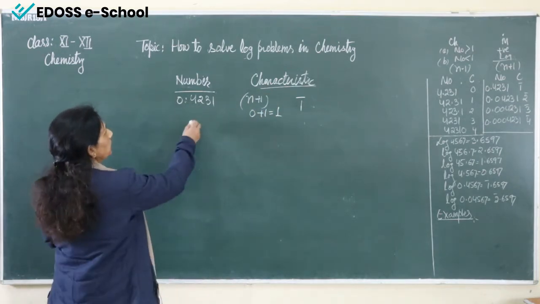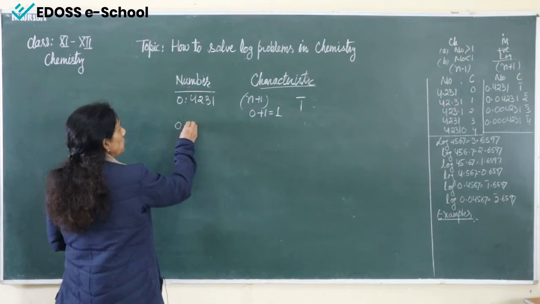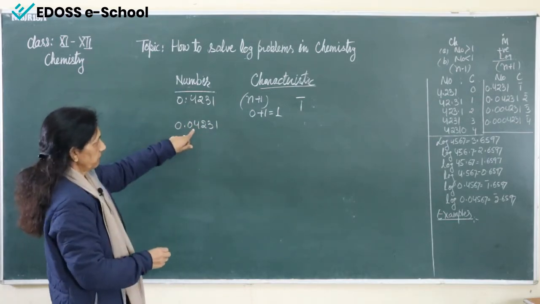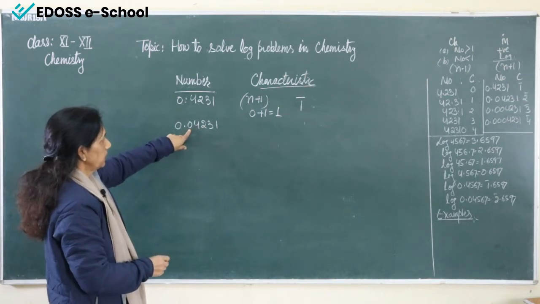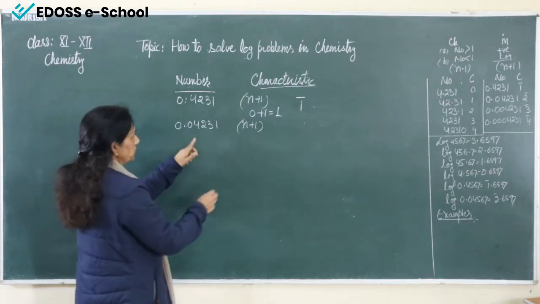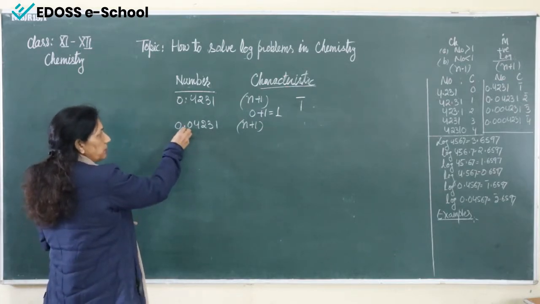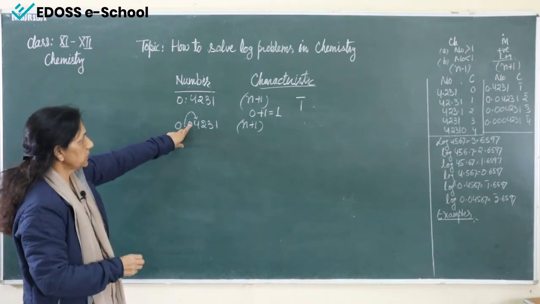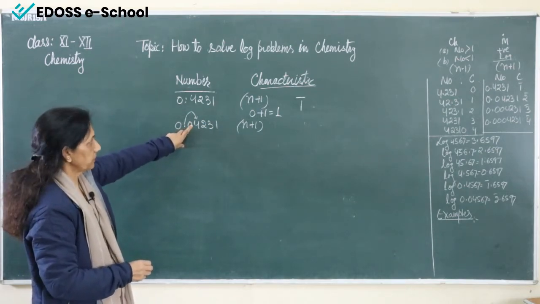Now if the number is like this, 0.04231, now see, number is this. Now how will we find n? Now see here, between decimal and first significant figure, 1 zero is coming.